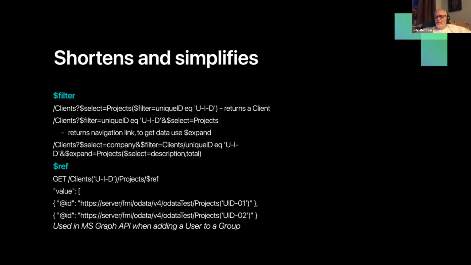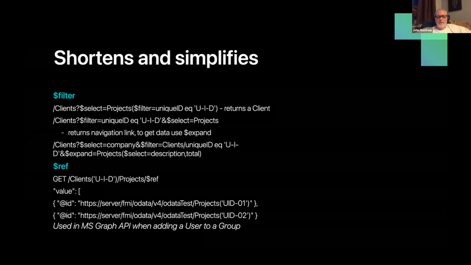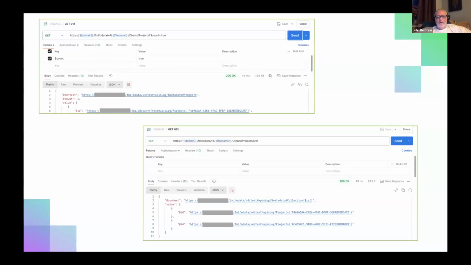But the bottom part, we can now also use a special keyword called $ref. So for this client, find me the projects/$ref. Give me back the references for the project, and you'll get back something that looks like that. So it's a slightly different query to just putting /projects. Here's the demo of it.